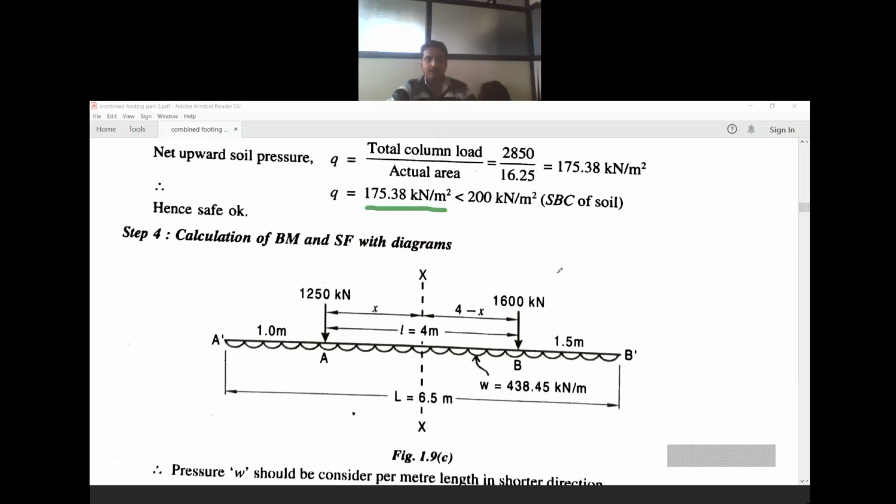To convert this into a UDL, uniformly distributed load, it should be in kilonewton per meter. So if you multiply this value with the width of the foundation, you will get the UDL of the upward soil pressure, W. The width of the foundation is 2.5. So multiply 175.38 into 2.5, you will get 438.45 kilonewton per meter. So that is the intensity of upward soil pressure.